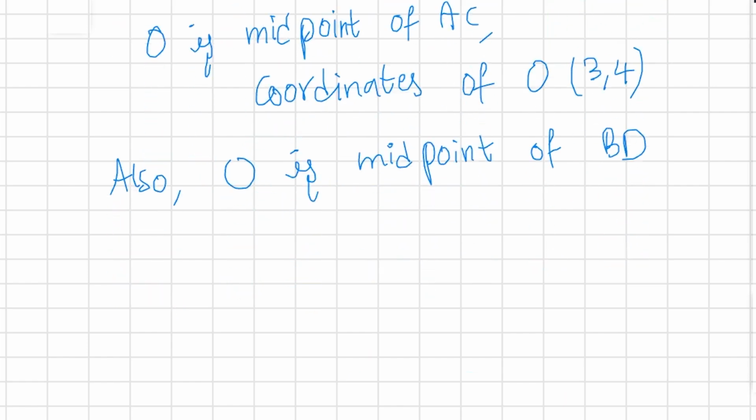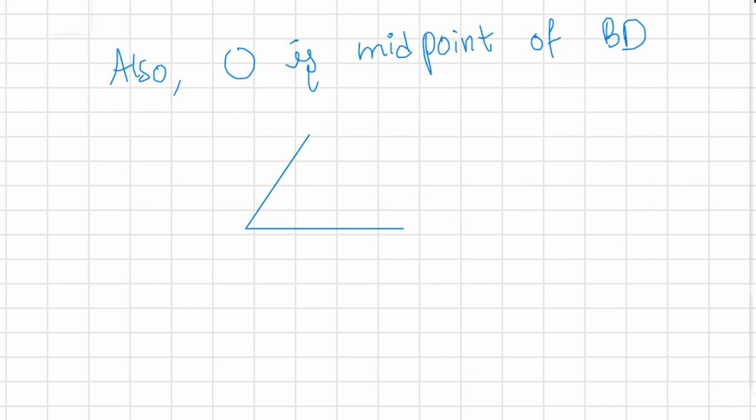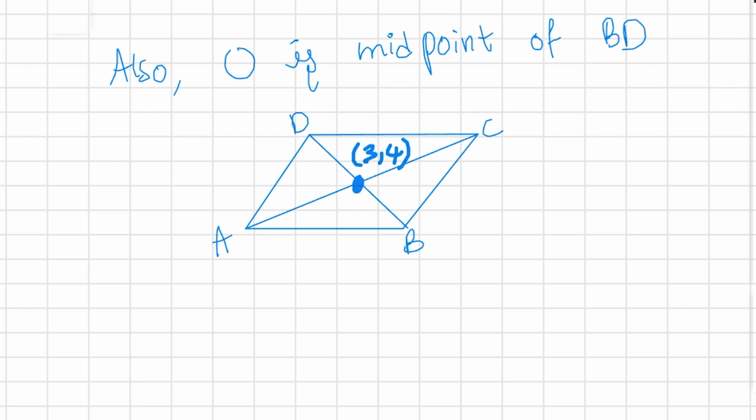So the diagram becomes the parallelogram ABCD. This is the intersection of diagonals. This is point O, 3 comma 4.